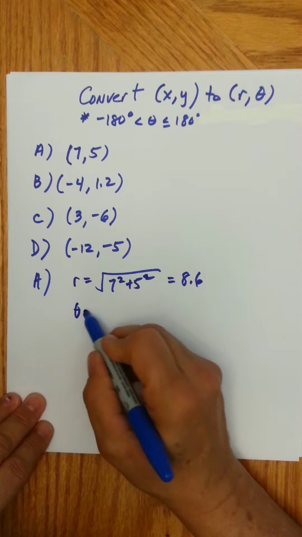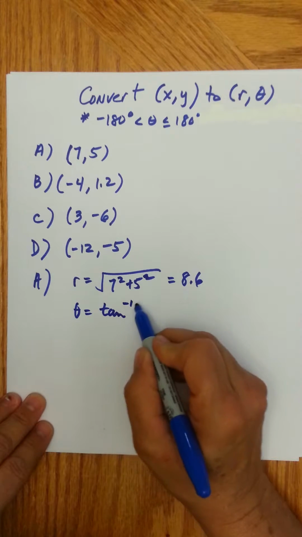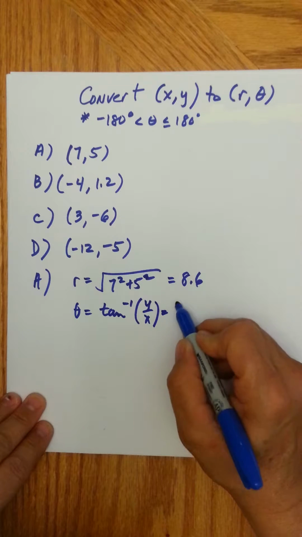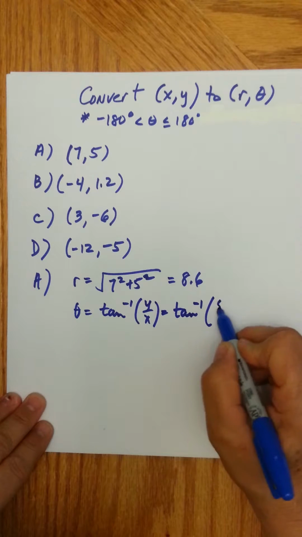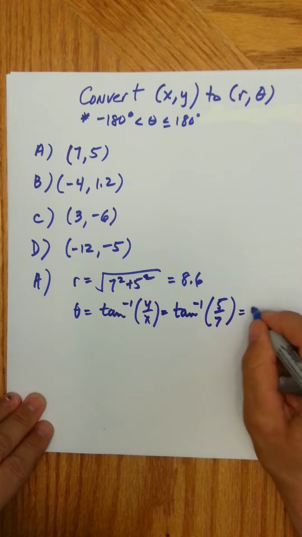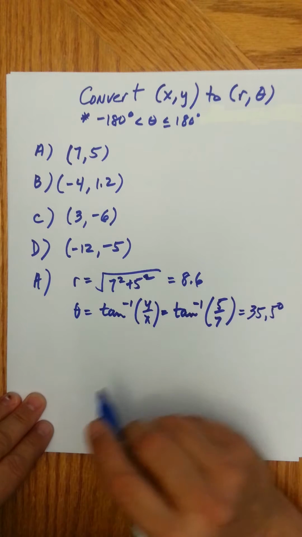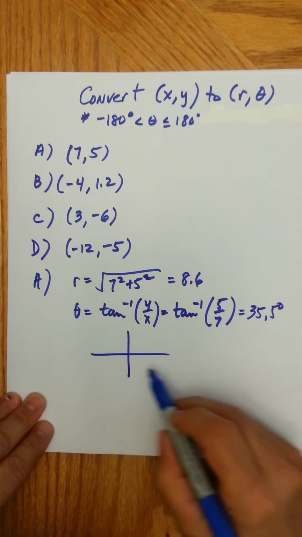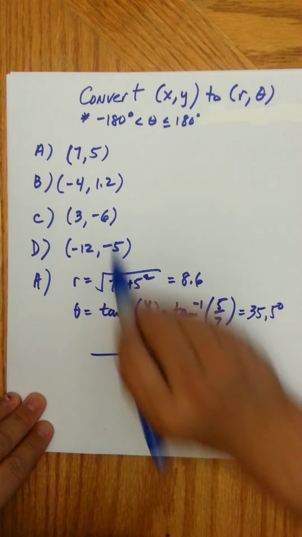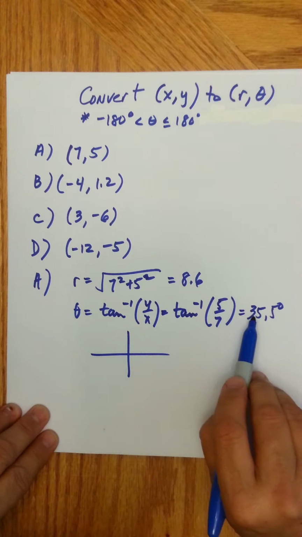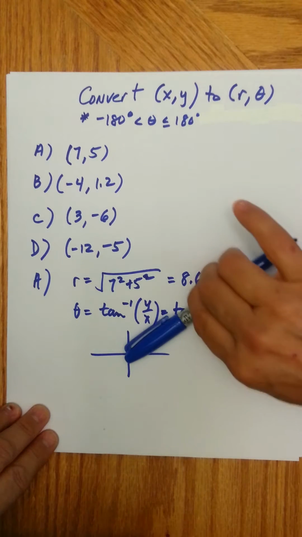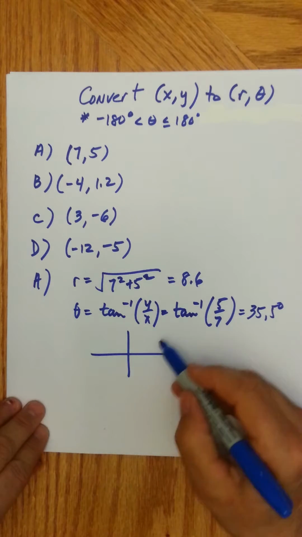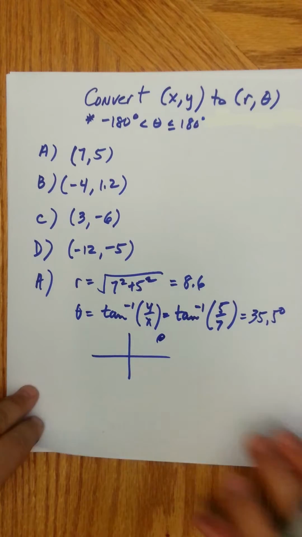And then theta is inverse tangent of y over x, which is going to be inverse tangent of 5 over 7. And you'll get about 35.5 degrees. So let's see if this makes sense. We know in this one we'd be in quadrant 1, over 7 up 5, and we would rotate 35.5 degrees and go out 8.6. So that's about right. We'd be somewhere in here. Okay. Let's look at B.